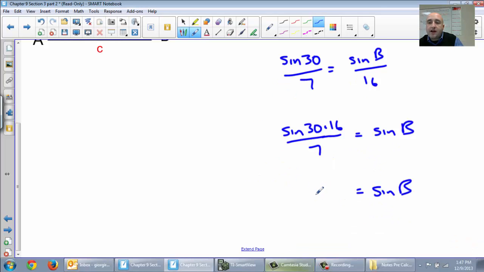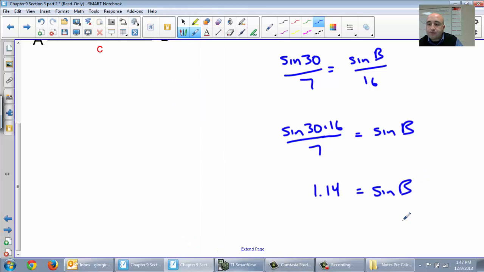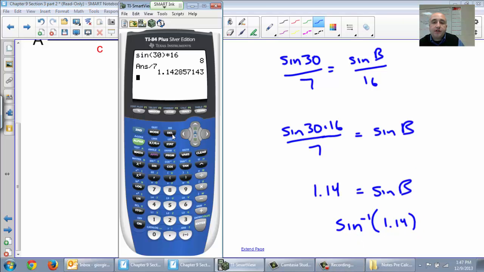So I get sine of b is equal to 1.14, right off of my calculator. Now, how do I go about getting angles? Remember, you hit the second button. So second sine 1.14, enter. And what do we notice? We get an error.